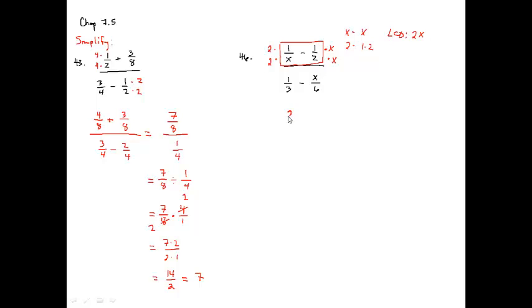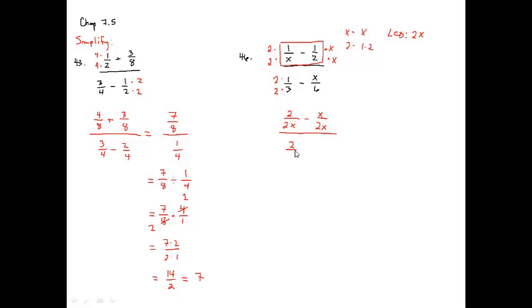So my numerator becomes 2 over 2x minus x over 2x, all divided by, well, what's the LCD in my denominator? It's 3 here, 6 there. LCD is going to be 6, which means I have to multiply this 3 by 2, and the same up here.